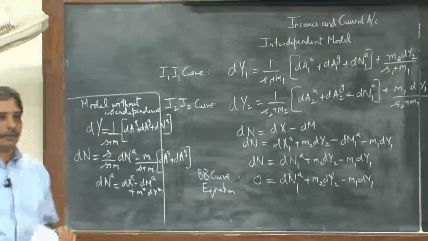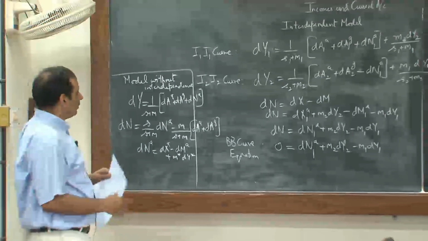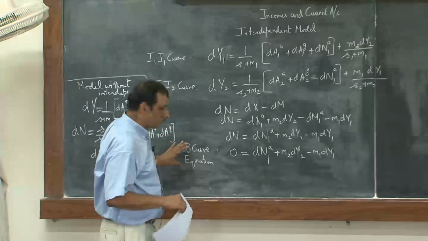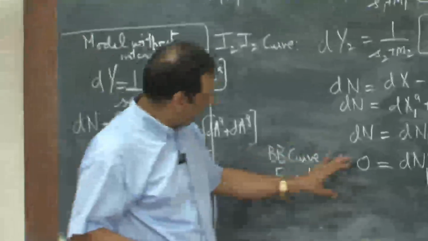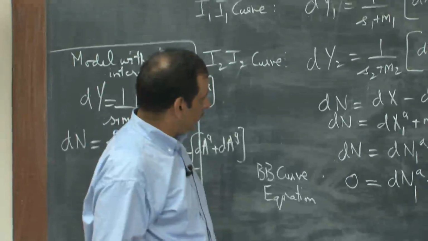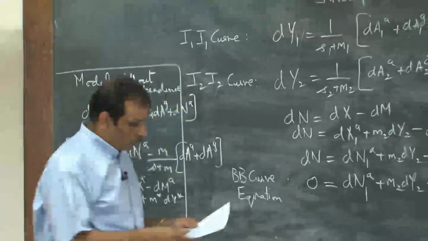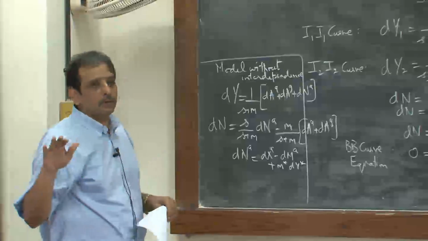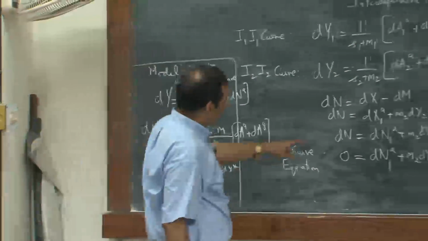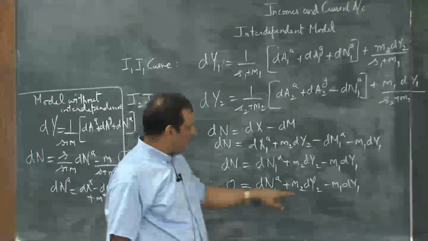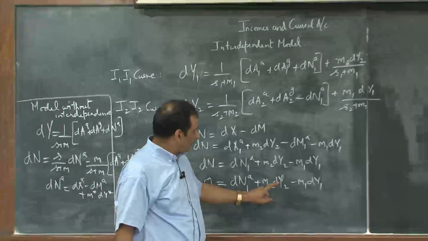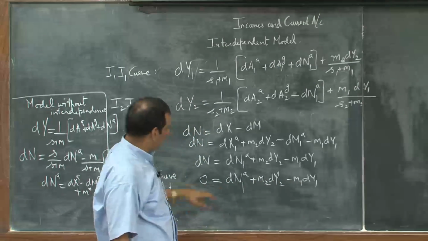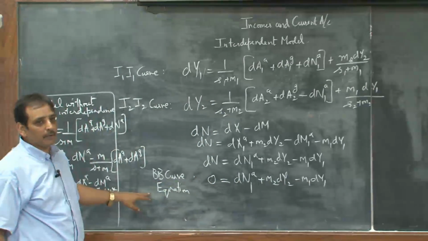There is another line which is the BB line, which is a reflection of this BB curve, which shows all combinations of US and Japanese incomes wherein you have a current account balance. In other words, when dNX is equal to 0 and you have a relationship between incomes of the US and Japan, you get the BB curve.